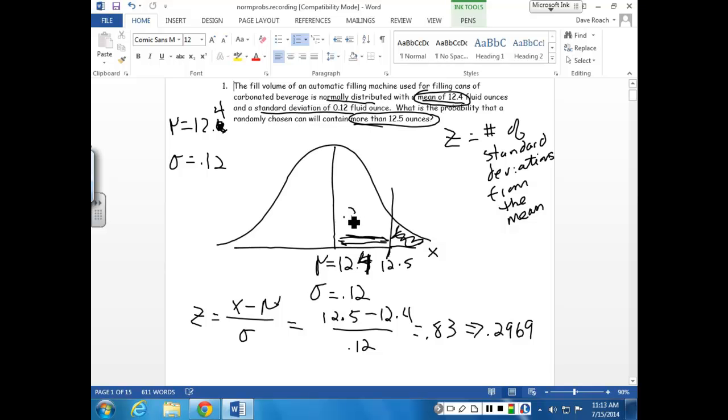So that's the 0.2969. We know that from the mean up is 0.5. So the area in the tail here will be 0.5 minus 0.2969. It looks like about 0.2031.